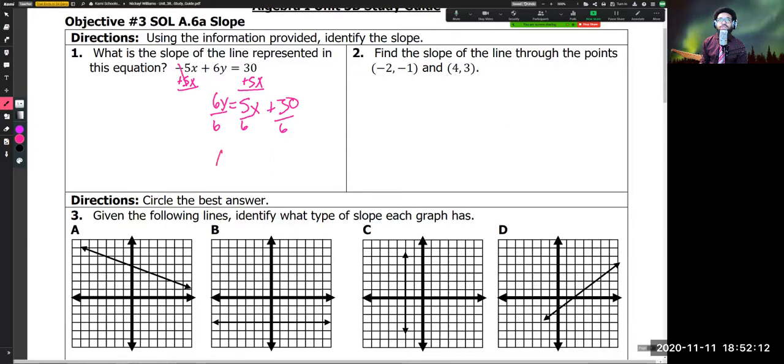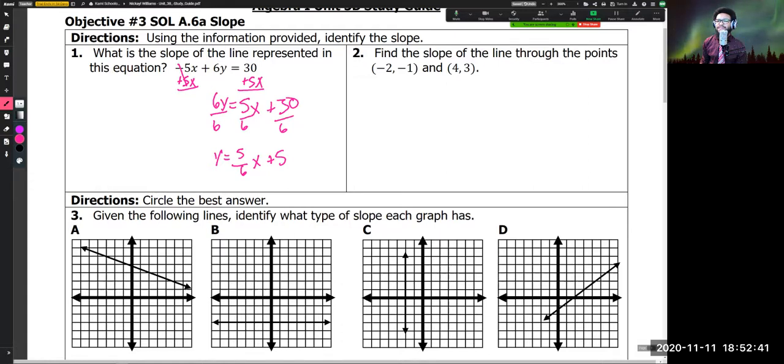And what we end up with is y equals 5 over 6x. We can't reduce or simplify that at all. Don't forget that x, plus, and then we have 30 over 6. 30 over 6 can be reduced because 6 goes into 30 evenly, and this will be 5. So we have y equals 5 over 6x plus 5.